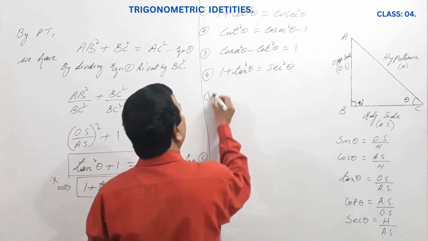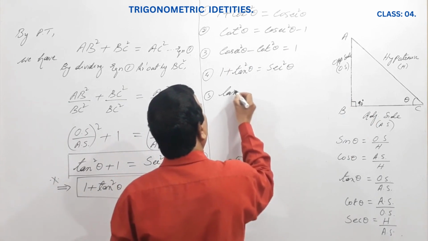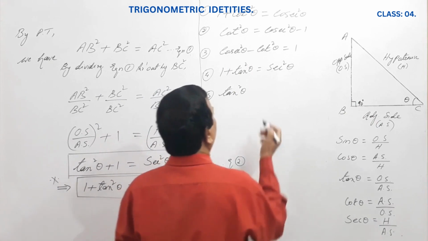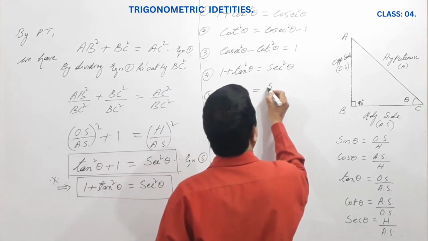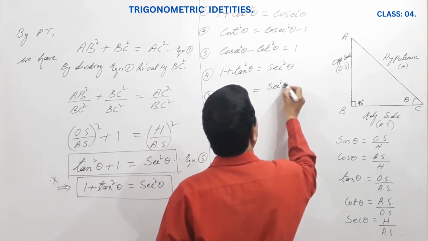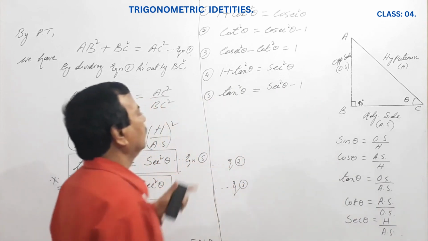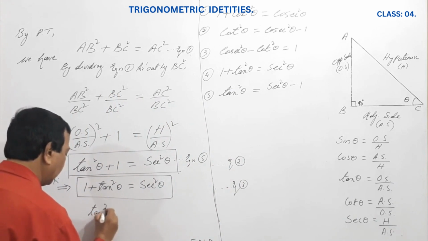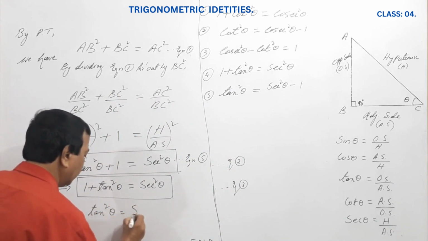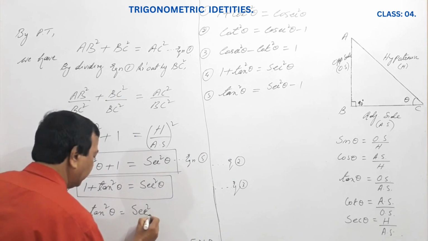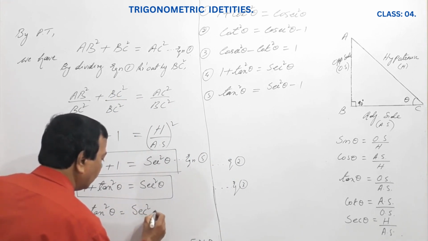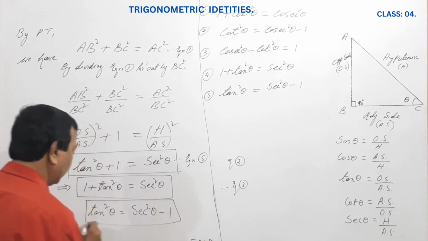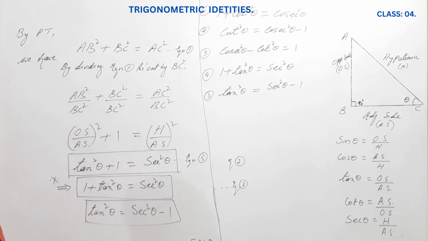So fifth one is tan square theta equals to secant square theta minus 1. This is also an important relation, that is tan square theta equals to secant square theta minus 1. You should remember.